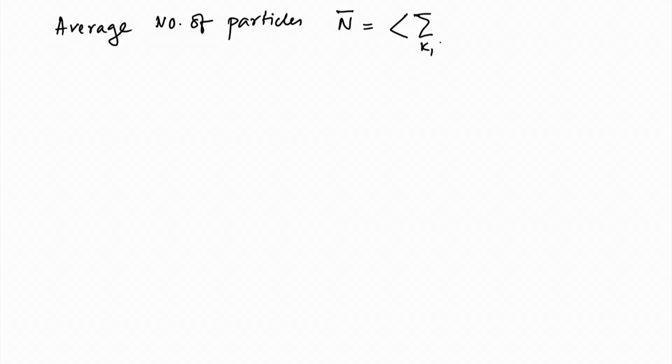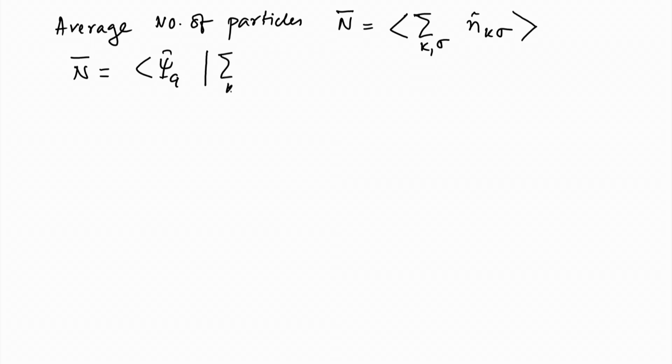So, the average number of particles, n bar, is equal to the sum over k sigma of n k sigma, which is an operator, and we can write this as psi G, sum over k c k up dagger c k up, that is the number operator for up spin, and now we will also have to sum over spins.